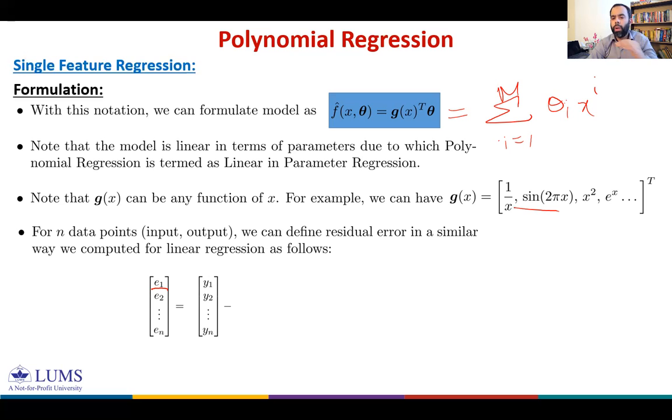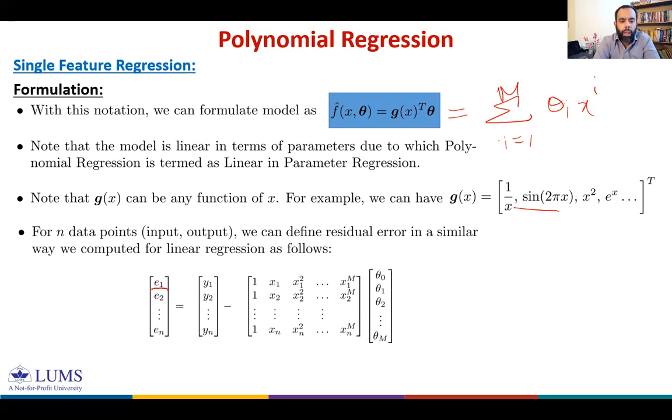This is for y1. So e1 is equal to y1 minus this g of x1, times this theta. And if we do this for each data point, we get e1, e2, en.